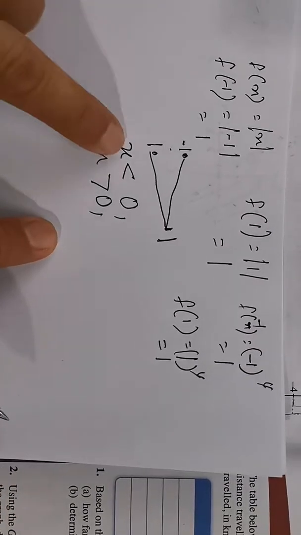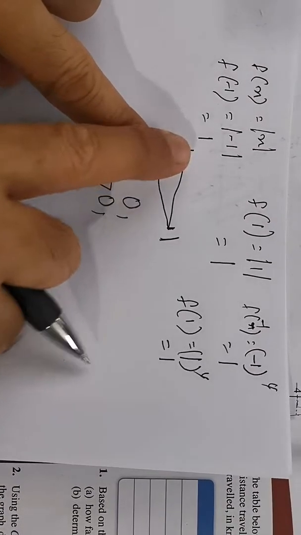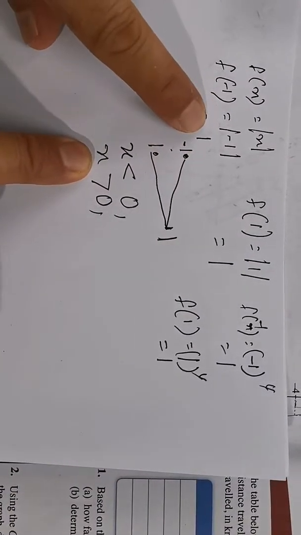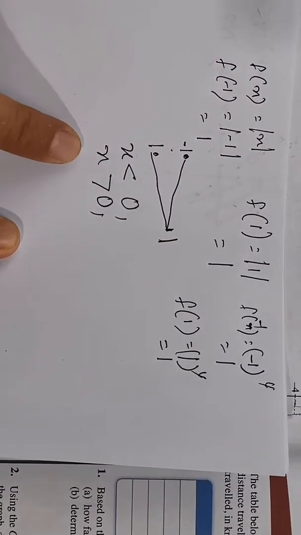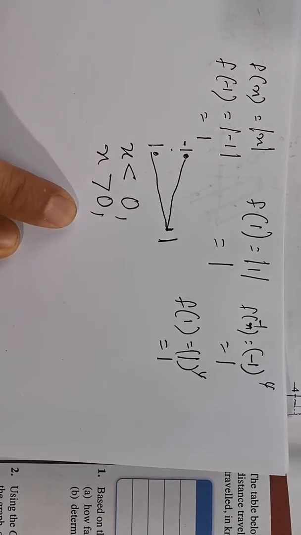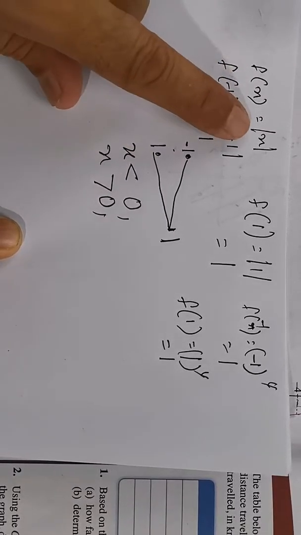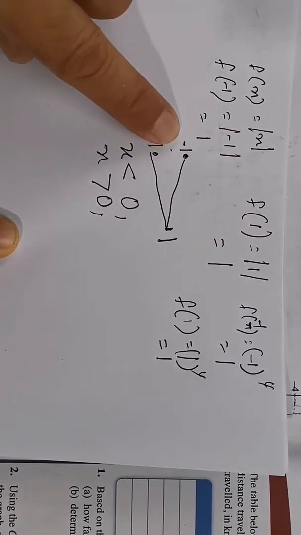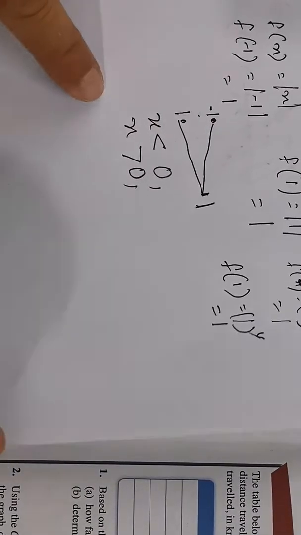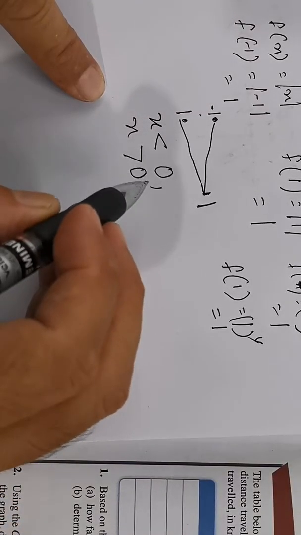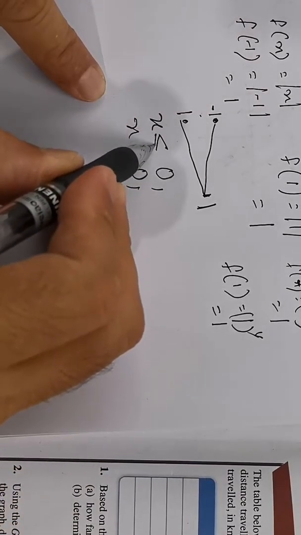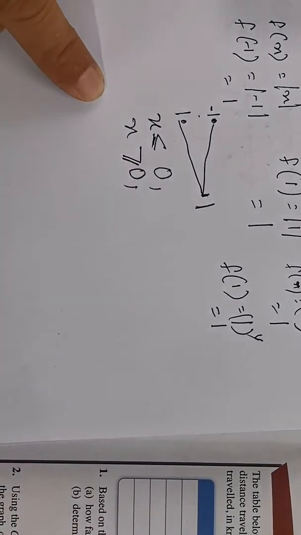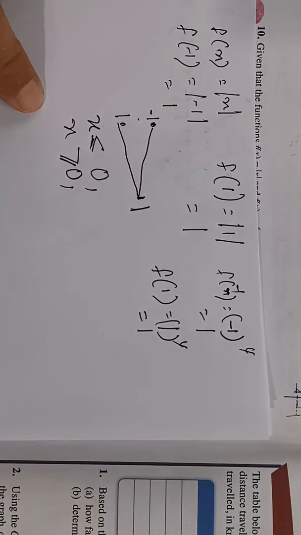If x is less than 0, you just take -1 only, so it maps to 1. There is no 1 here. But if you say x larger than 0, replace x as 1, you get 1 only without the -1. So less than or equal to 0, or larger than or equal to 0. Any one of these.